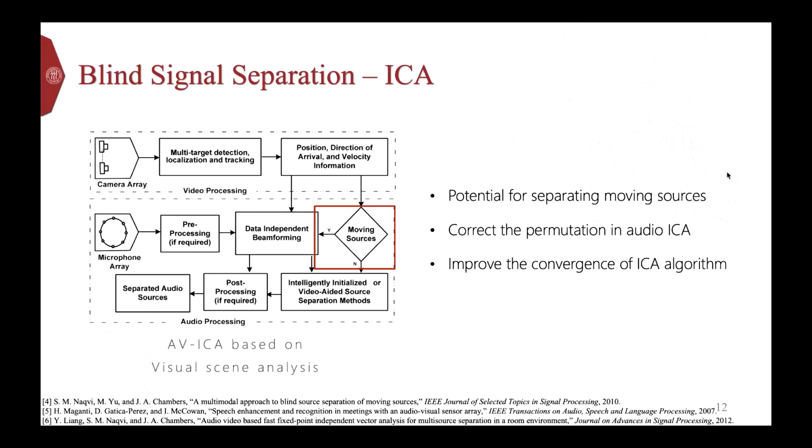So in this figure, we can find that if the object which is producing sound is moving, using the visual information, we can better capture the moving source, and it has the potential to separate moving sources and correct the permutation in audio ICA. Finally, it can use the visual information to improve the convergence of the ICA algorithm.